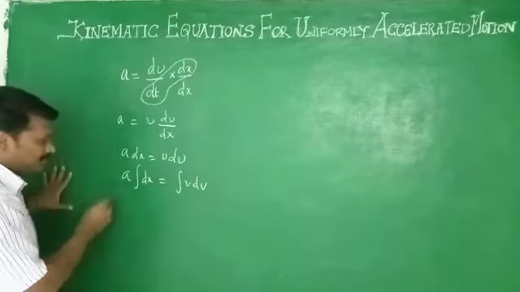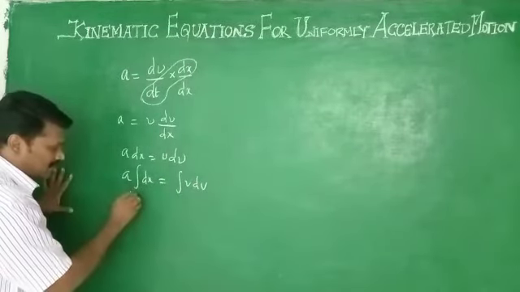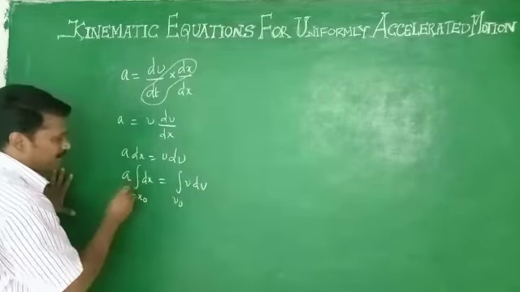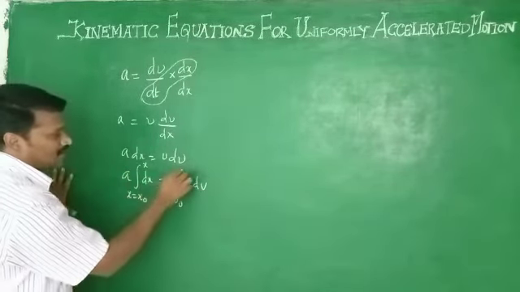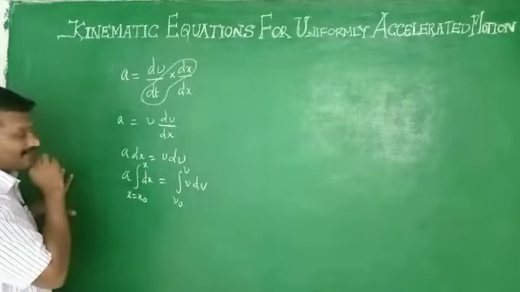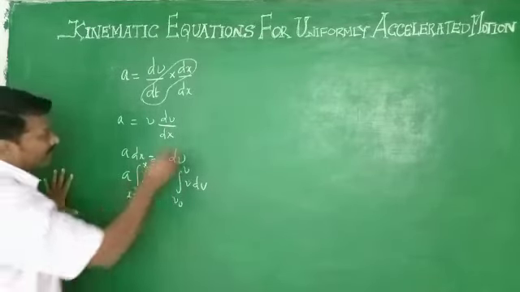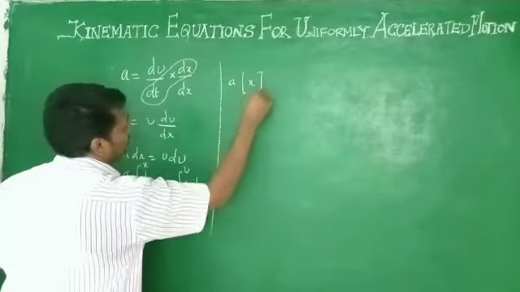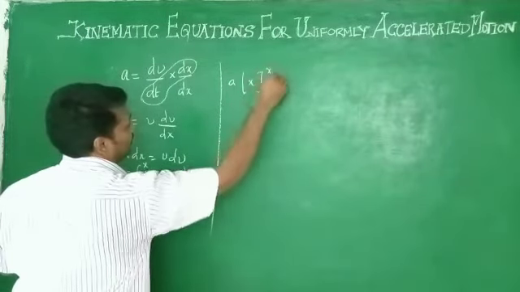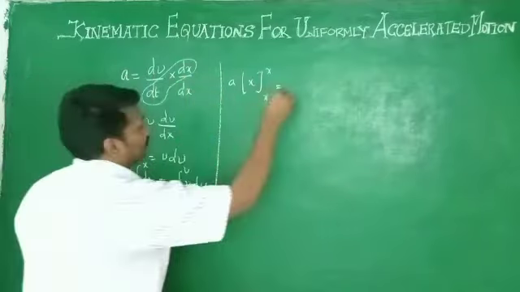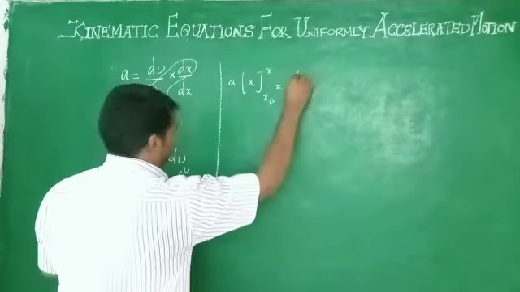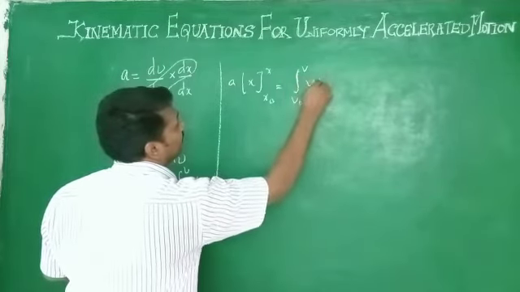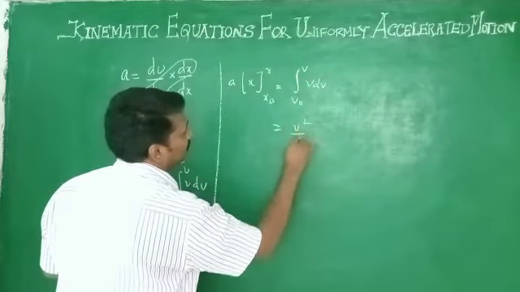What are the limits? At position x equal to x naught, v equals v naught, the initial velocity, and at position x, the velocity is v, the final velocity. Integrating both sides, a integral dx equals a times x, with lower limit x naught and upper limit x, and integral of v dv from v naught to v equals v square by 2.